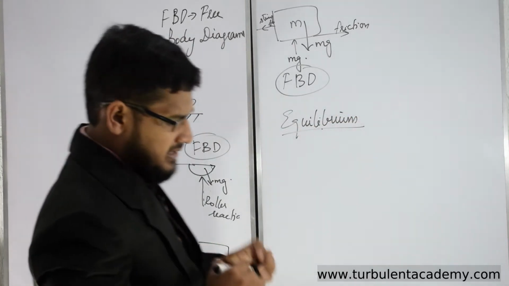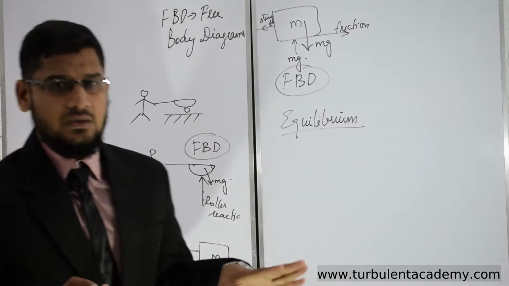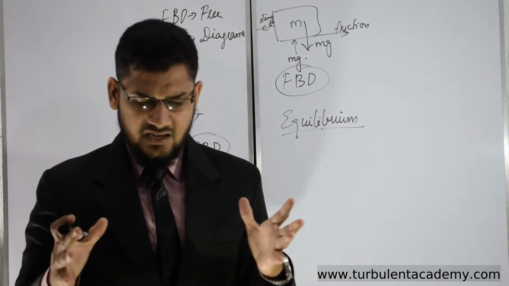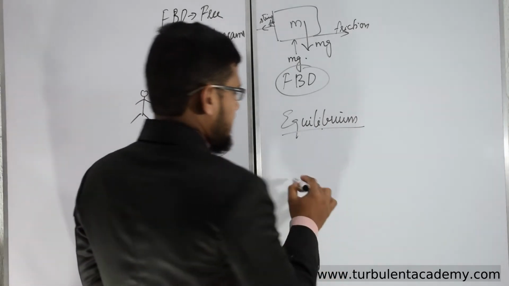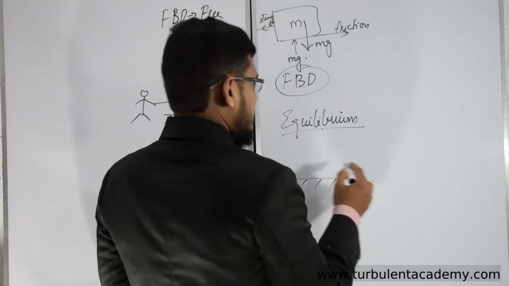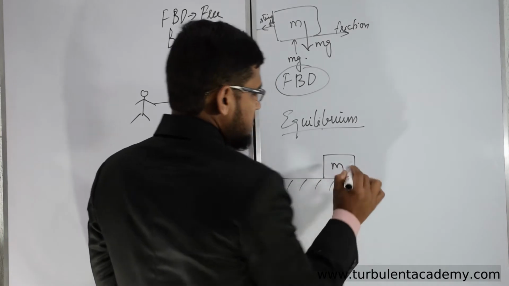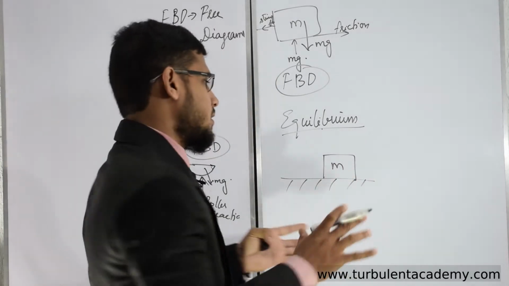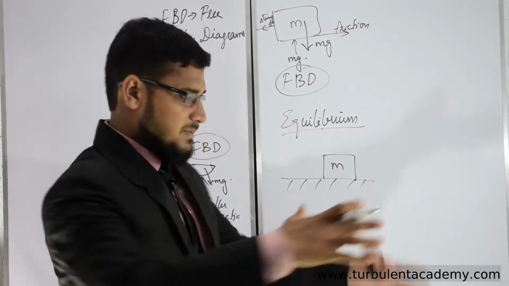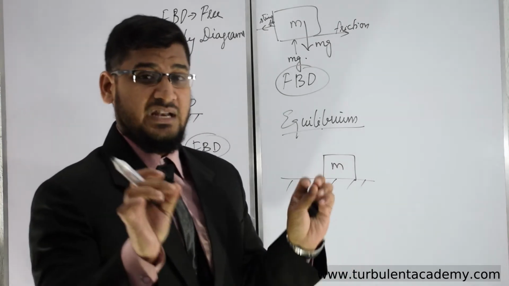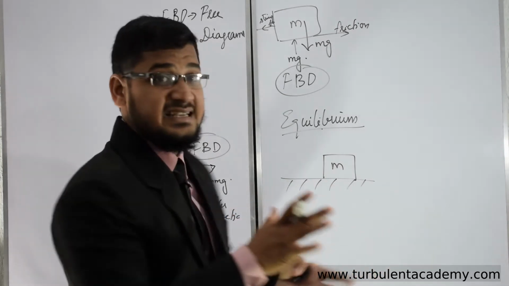Equilibrium, as the name implies, means equal. For example, some kind of big cotton box is placed on the floor. Nobody is doing anything, so it stays still.